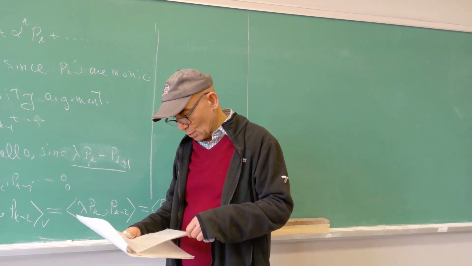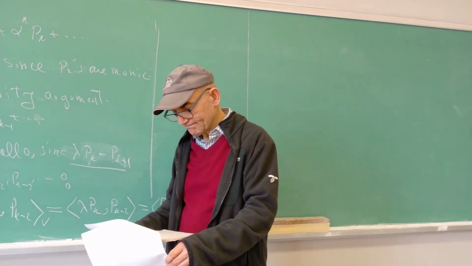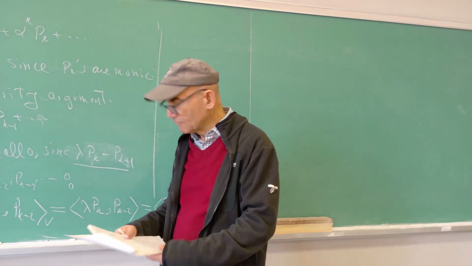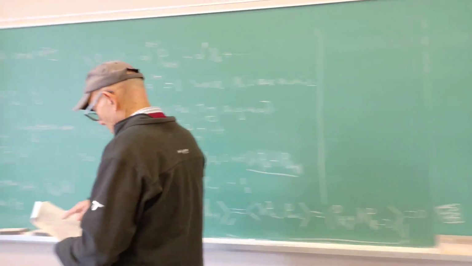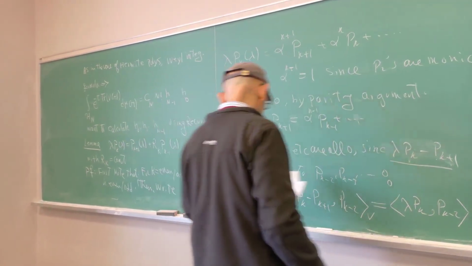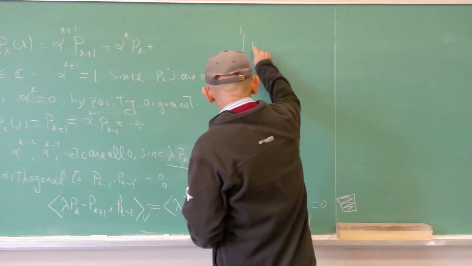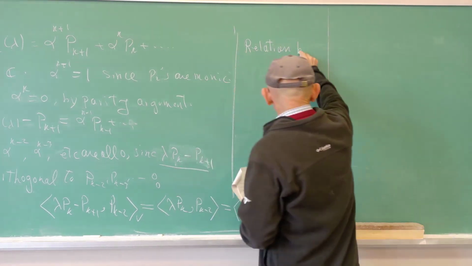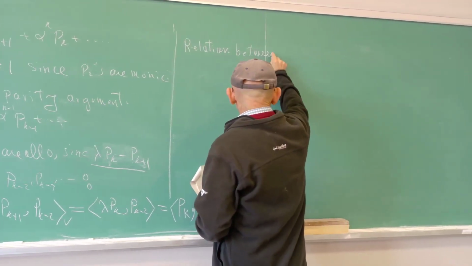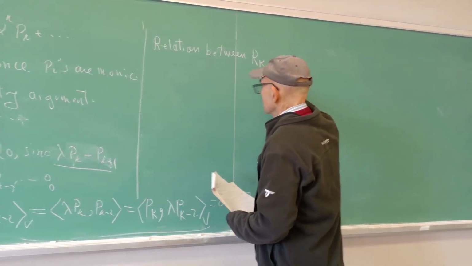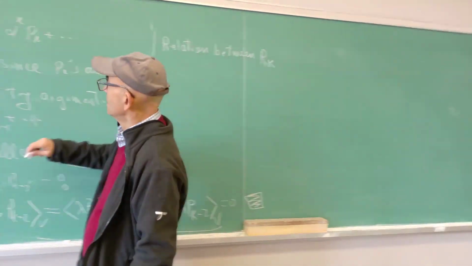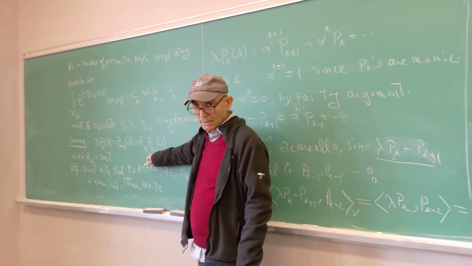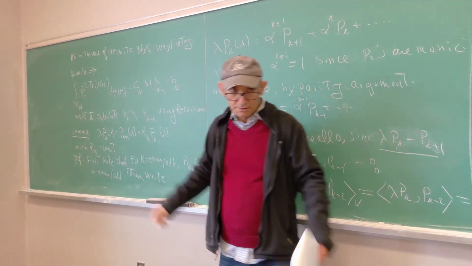Okay, so now we want to find the relation between rk and hk, these constants that come into that equation here. And hk is the length of the polynomials.